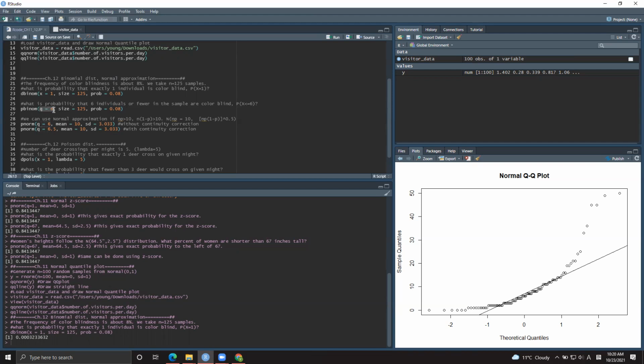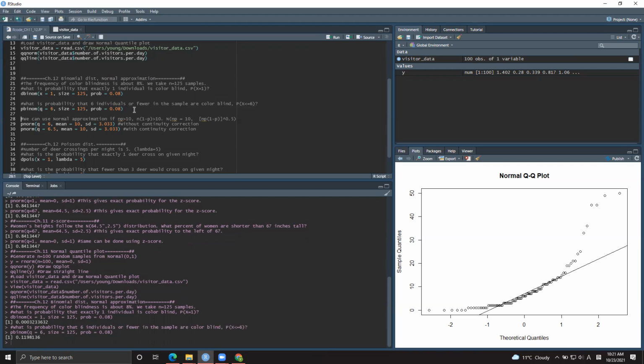So you specify Q equals 6, which means this pbinom function will sum up all the area to the left of this 6. So Q equals 6, and then size equals 125, probability equals 0.08. If you run it, you'll get about 12%.